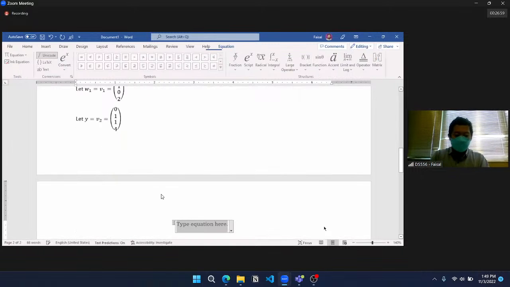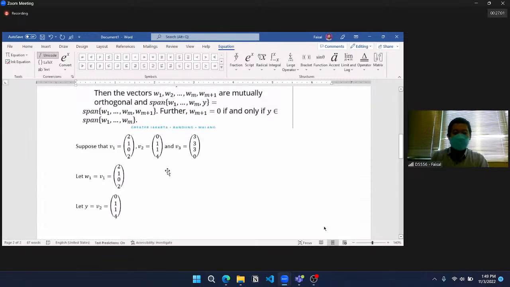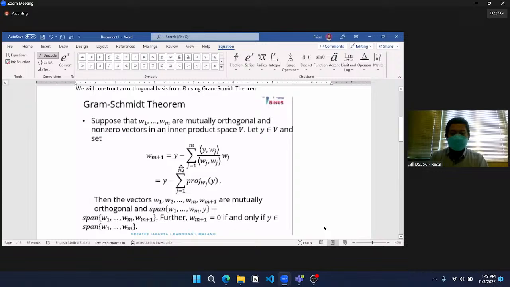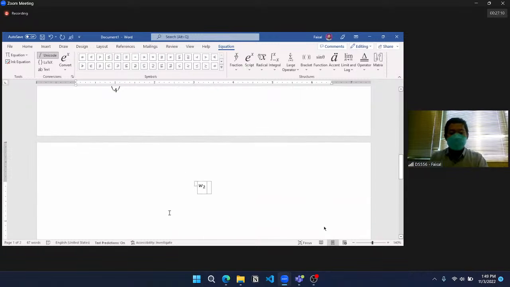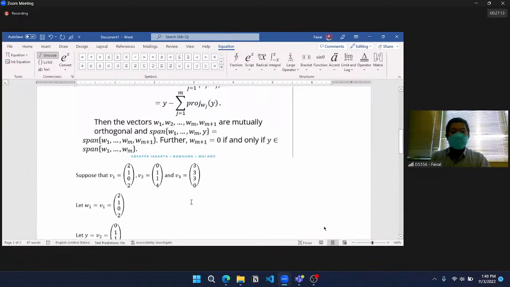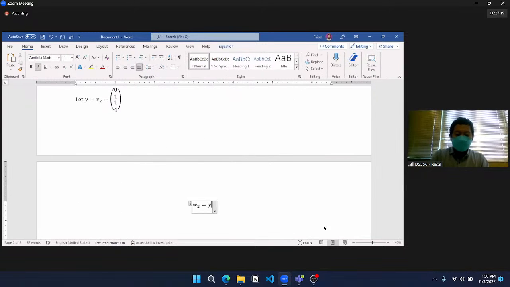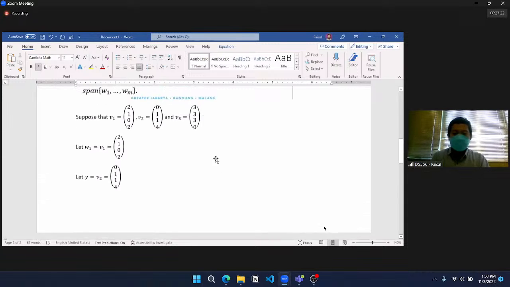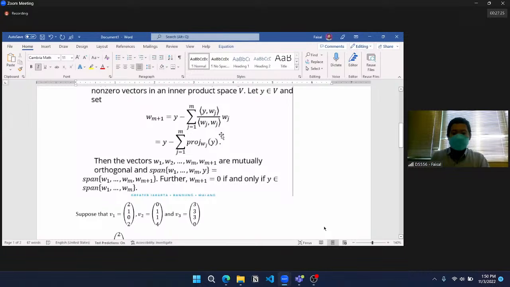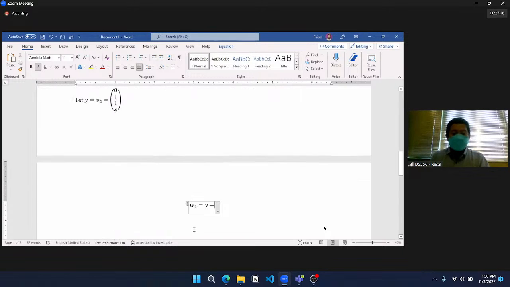So now m equals 1, so W(m+1) is W2. W2 is equal to y minus the sum of these terms. Because m is equal to 1, this is only one term.